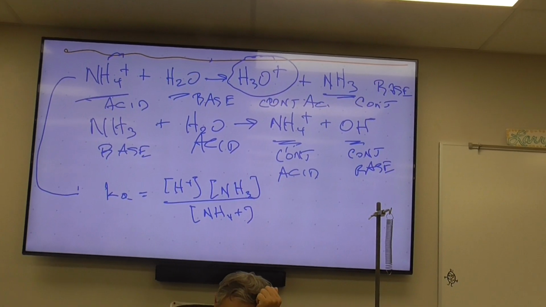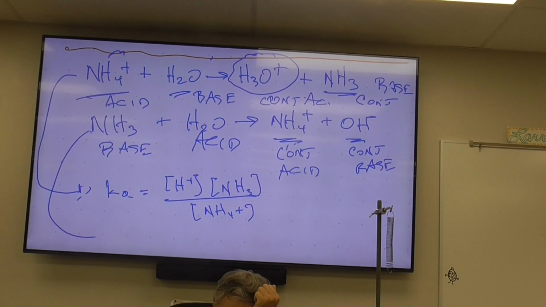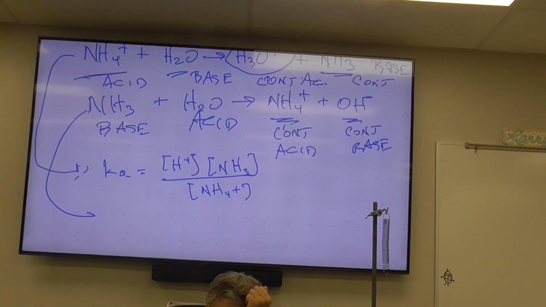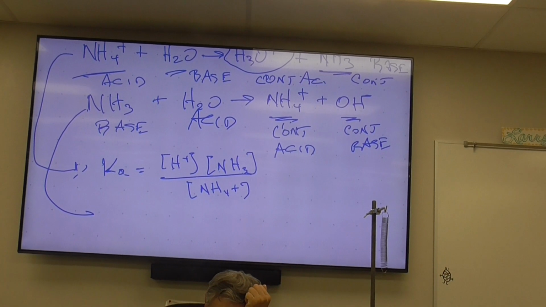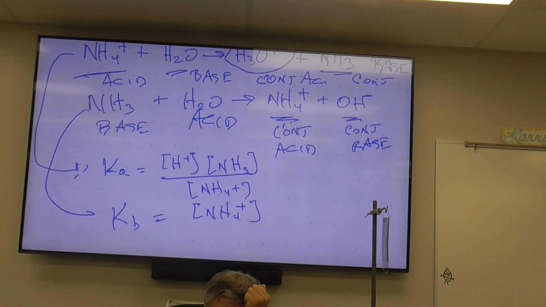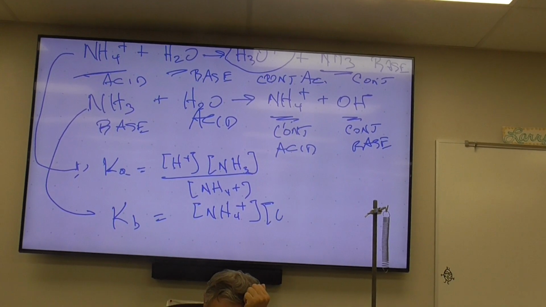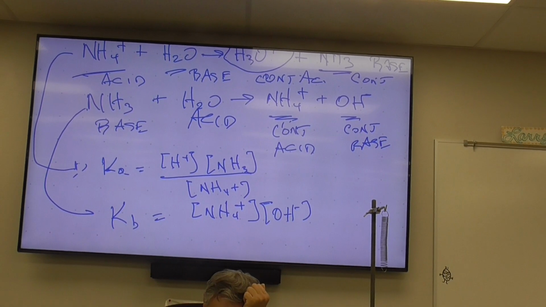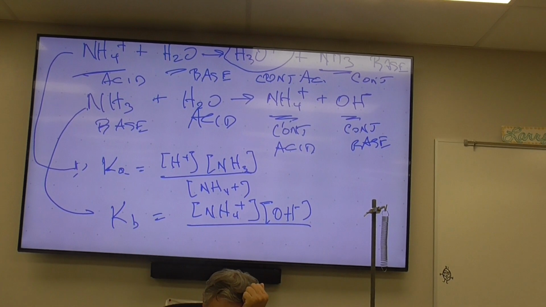So that's for the first one. And in this situation, that's acting as a base, so that Kb calculation would be my NH4 times the concentration of my hydroxides divided by the concentration of my NH3.